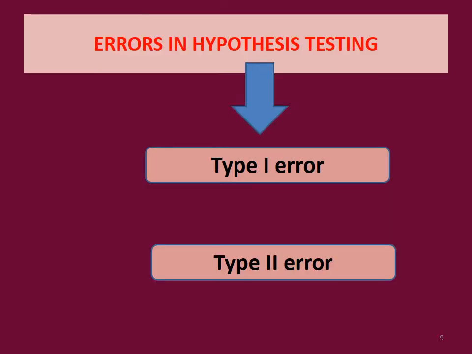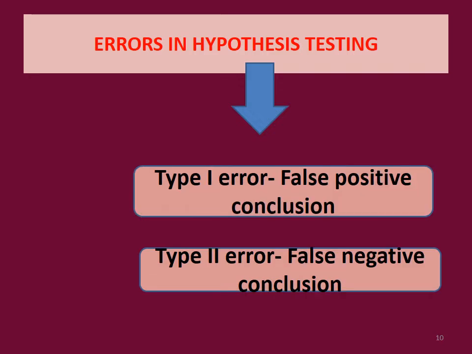Then we'll go to errors in hypothesis testing, the type 1 error and type 2 error. There are two types of errors in hypothesis testing. The first one is the type 1 error and the second one is the type 2 error. Type 1 error is called a false positive conclusion.